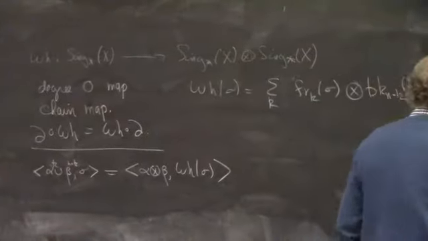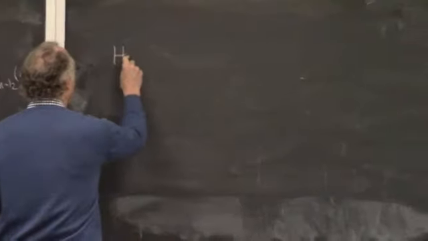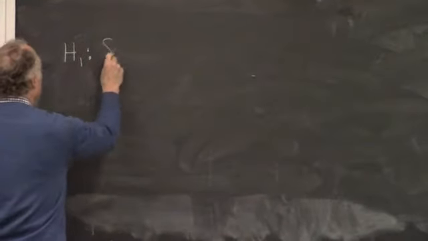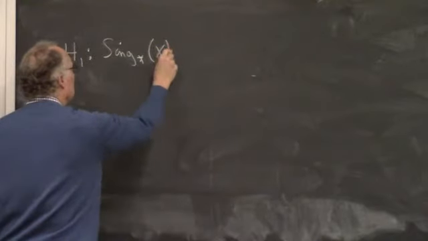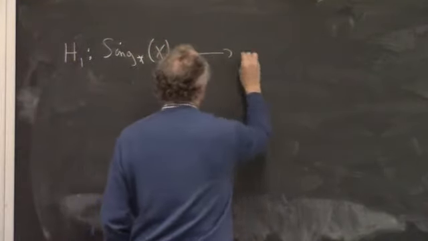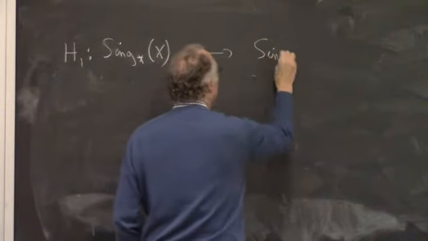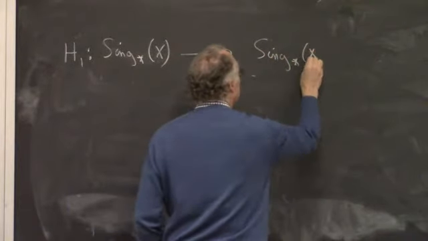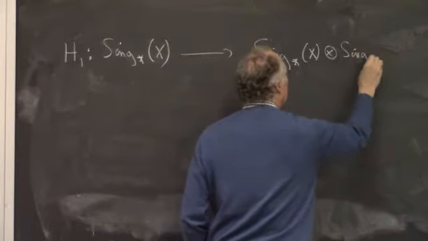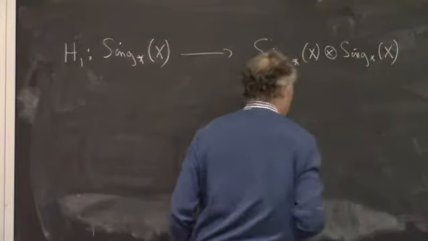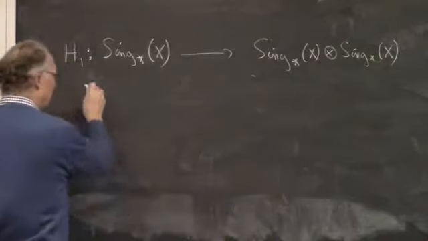So our chain homotopy is a map H1 from the singular chains on X into the singular chains on X tensor itself. It's not a chain map. First of all, it doesn't preserve degree.